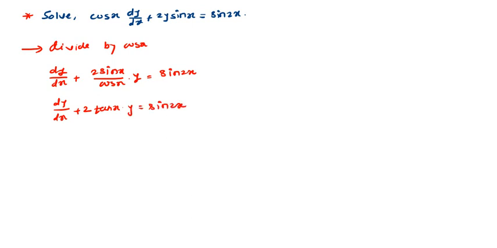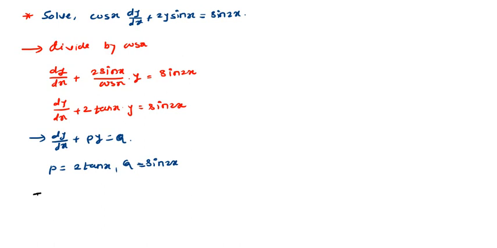Now once you write it in the standard form, you can compare this with our standard equation dy by dx plus p into y equal to q, where p is nothing but 2 tan x and q is nothing but sin 2x. Now we can find its integrating factor.